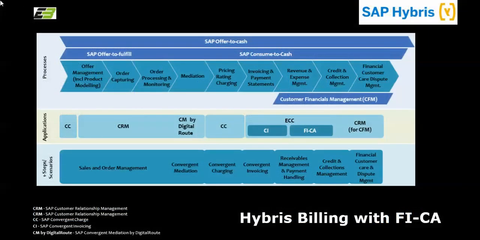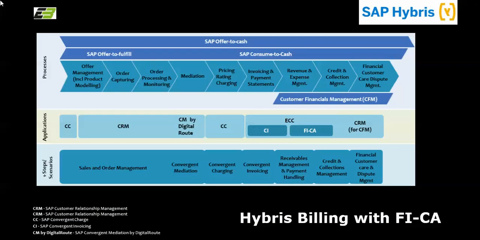So now let's get more into the details by talking about classical Hybris Billing with FICA. Right at the top you see the process SAP offer to cash, which is broken down into SAP offer to fulfill and SAP consume to cash. SAP offer to fulfill is further broken down into offer management, order capturing and order processing.